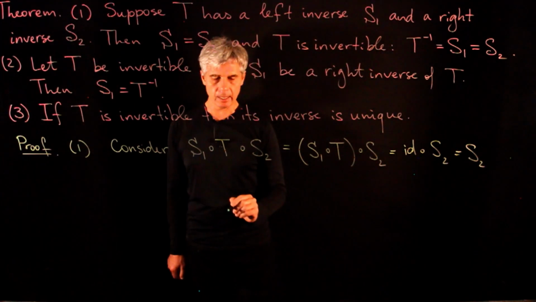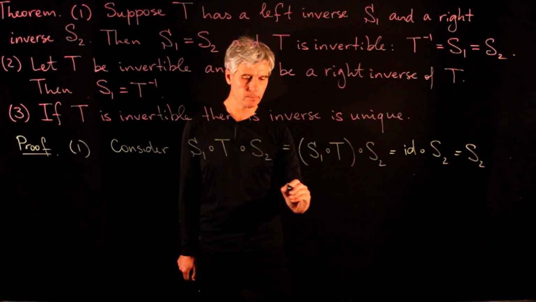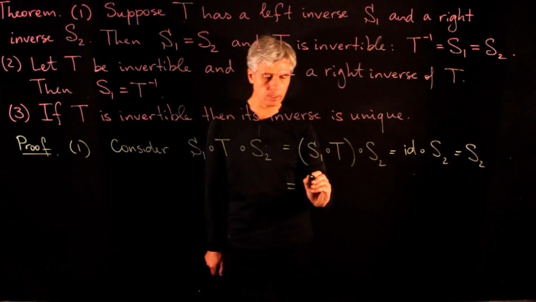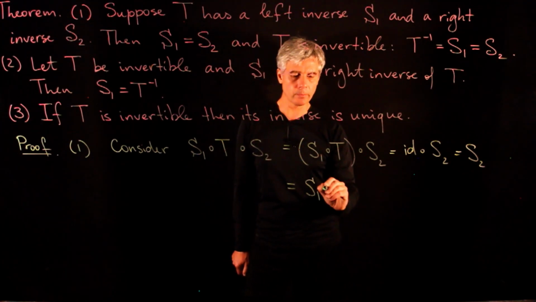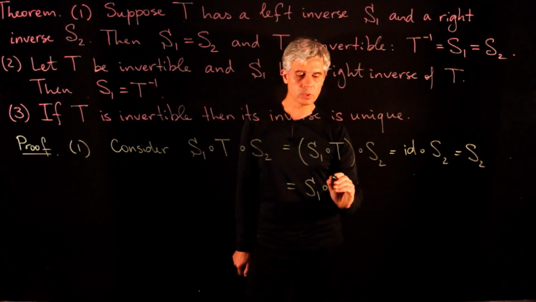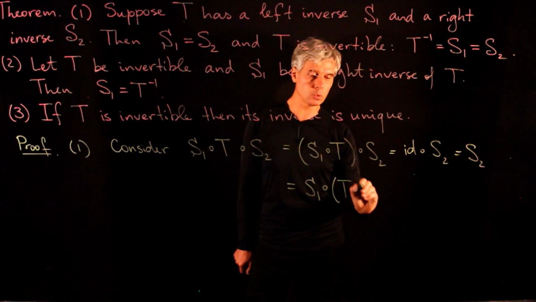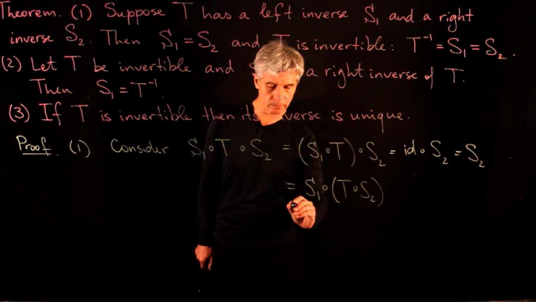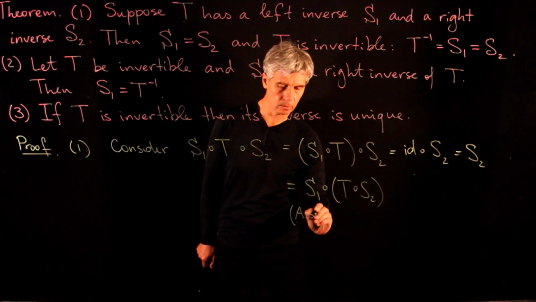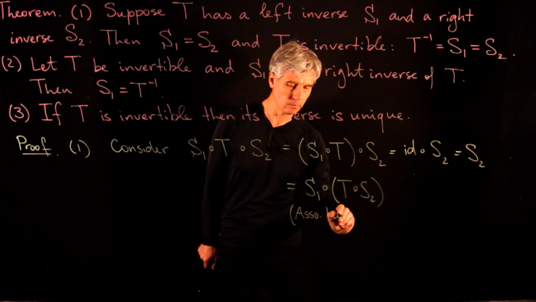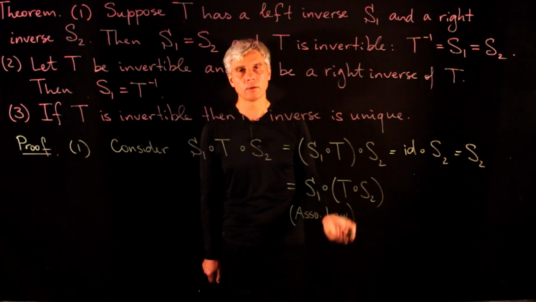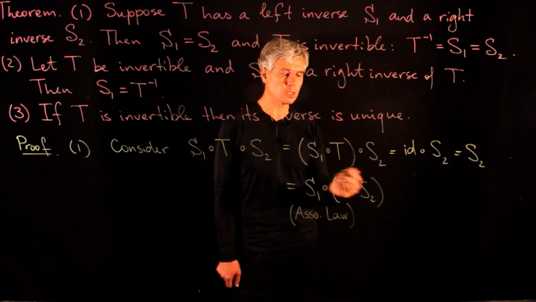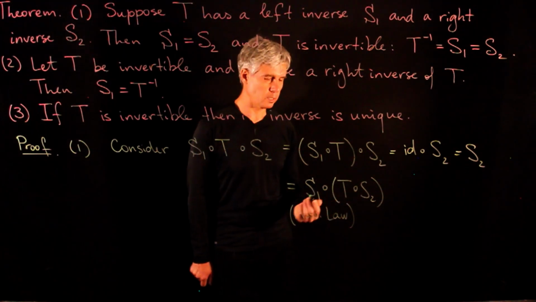Now, by the associative law, we can put the brackets on this expression differently. We can write that this is equal to S1 composed with (T composed with S2). Right? This is the associative law for compositions, and we know that for compositions of functions or transformations, the associative law always holds.